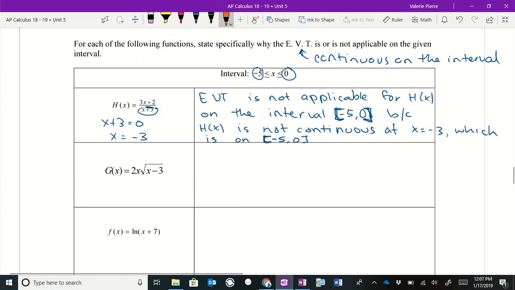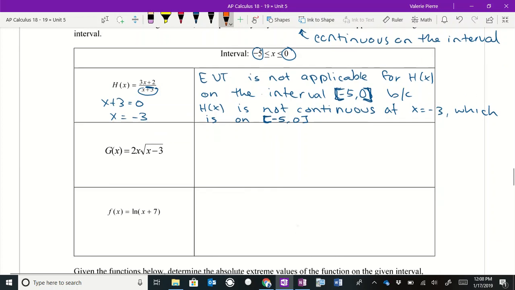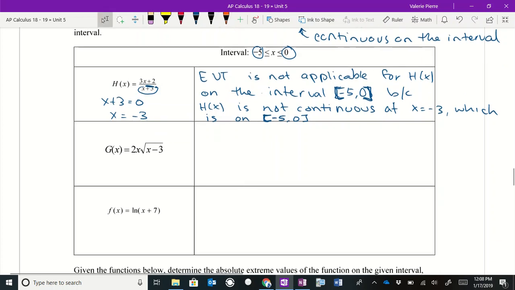Okay, so now let's check g of x. Since this is a square root function, we know that we cannot take the square root of a negative number. So anytime that x minus 3 is negative, we're going to have a problem. So x minus 3 has to be greater than or equal to 0 in order for this to be defined. So x has to be greater than or equal to 3.